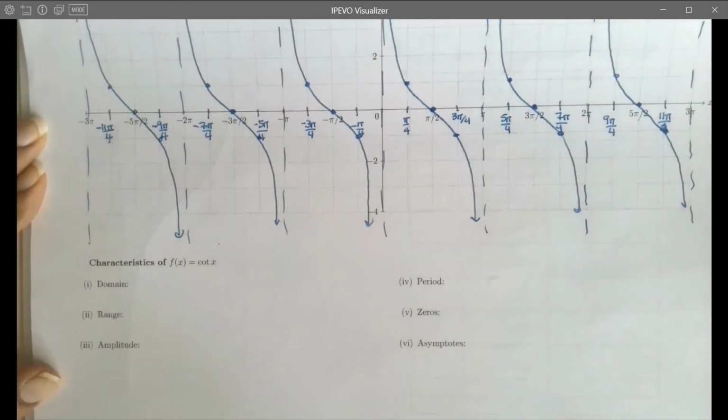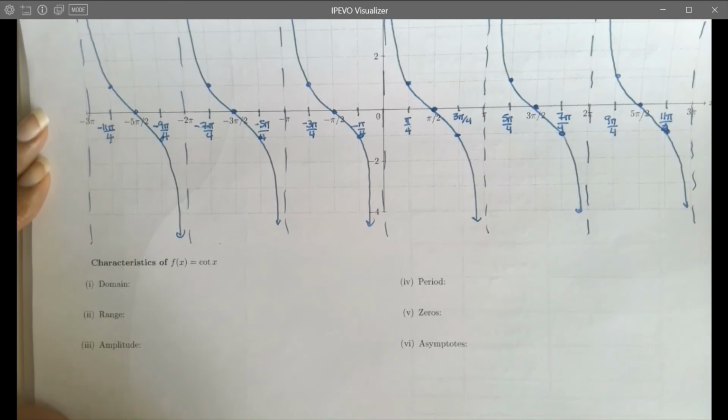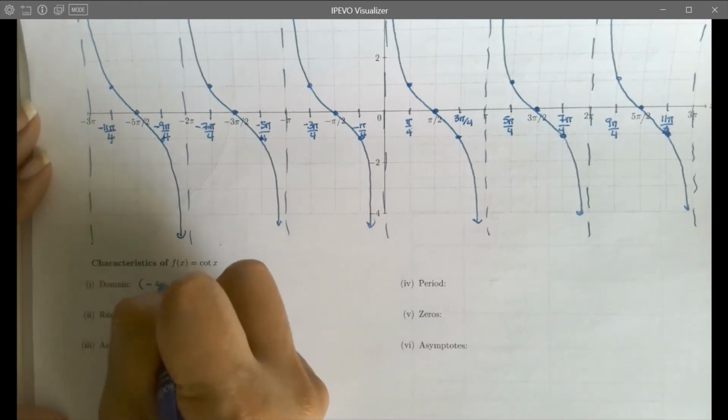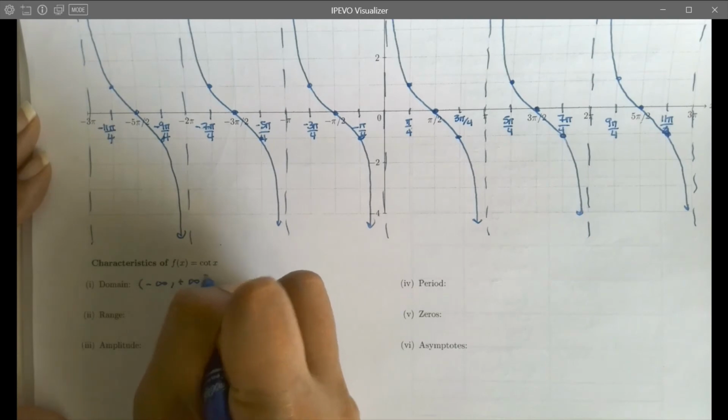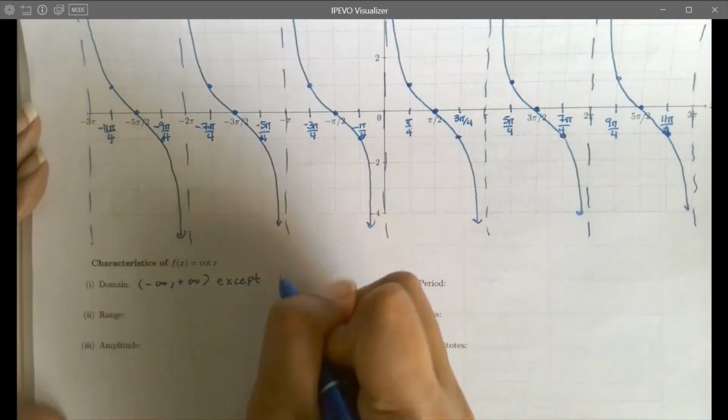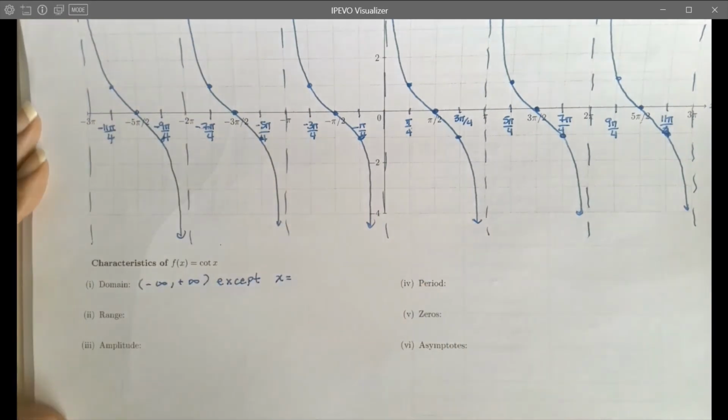We're going to be using them to help us determine the domain. The domain is basically anything that can be plugged from the x-axis without having any issues. So that'll be from -infinity to +infinity, except the places where we have asymptotes, because that is where we'll get something that is undefined. So where do those happen?